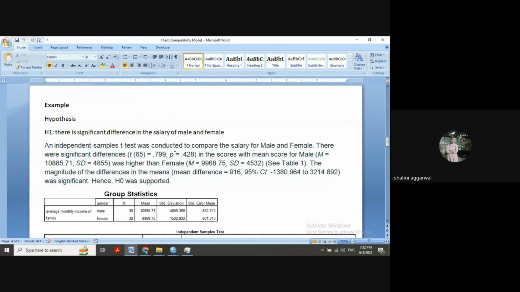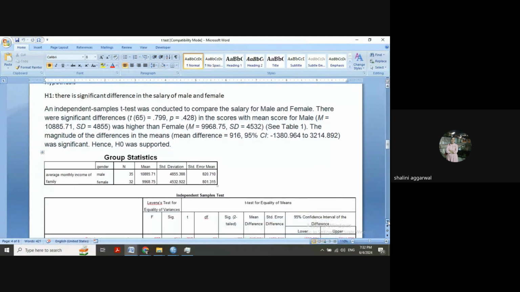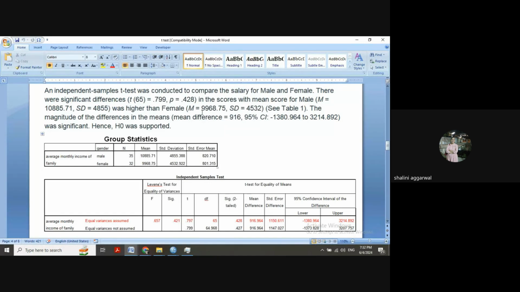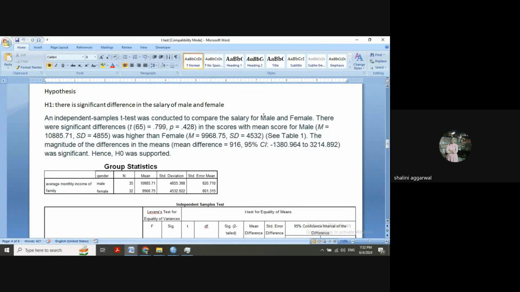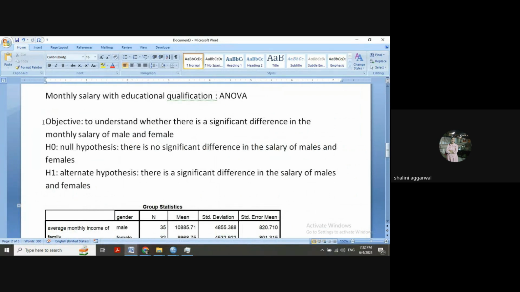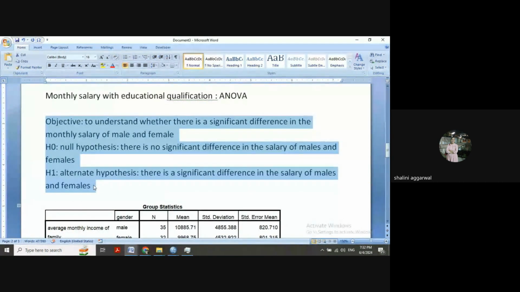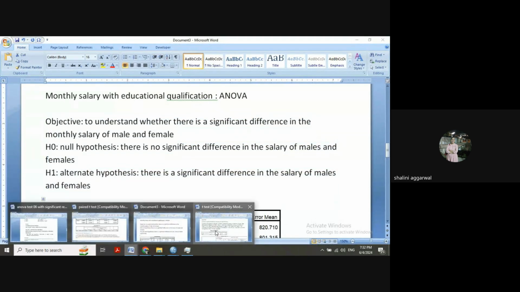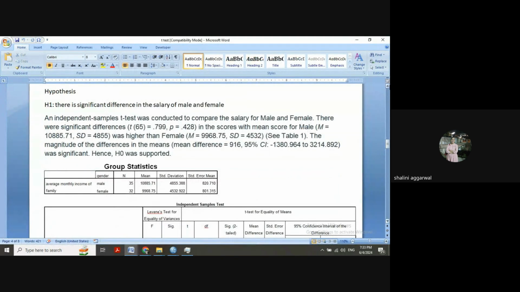When you have to write into your paper the explanation for these two tables, the same two tables that we just did, this is how you have to write. Please look at this. Here you have to write. The above part all has to be written. Like these things have to be written. Two tables have to be made. This is all has to be written like this. Let me write it here. This is hypothesis.